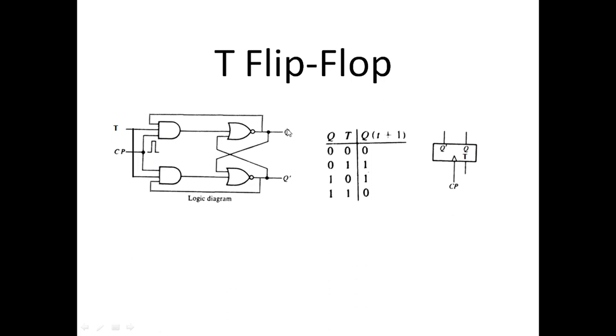But the current state Q is 0, and we get 1 here because Q prime is 1.